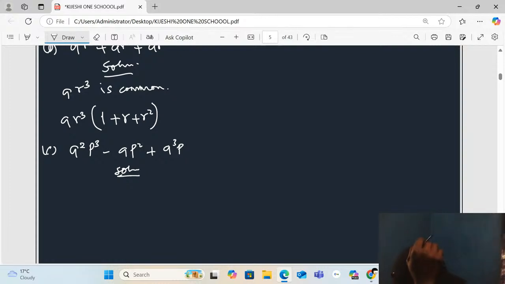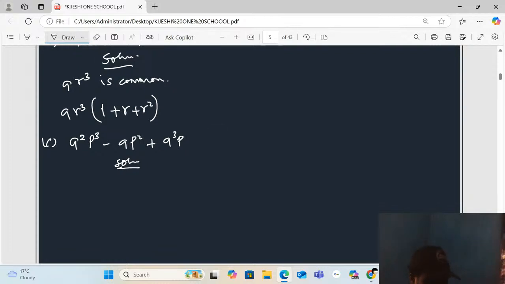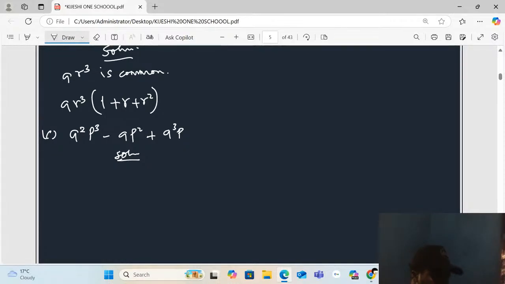So you can see we have a squared p cubed minus a p squared plus a cubed p. Now, from this expression, we can see a common factor, something that is appearing in each term.